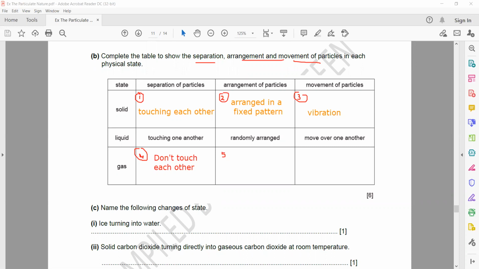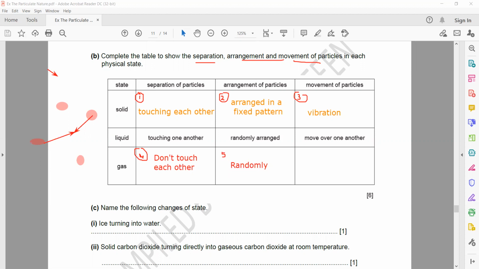So particles are randomly arranged in gases. When we compare, the particles are not touching each other. It means the particles are away. They may collide with each other, but they are not continuously in touch with each other. But in liquid, the particles are continuously in touch, whereas in solid as well, the particles are in touch.